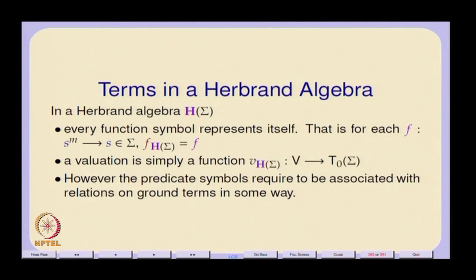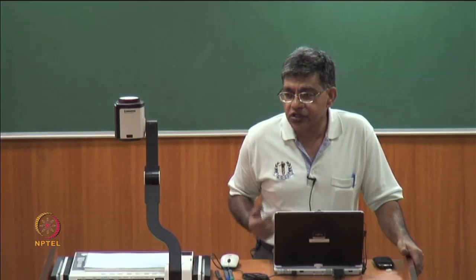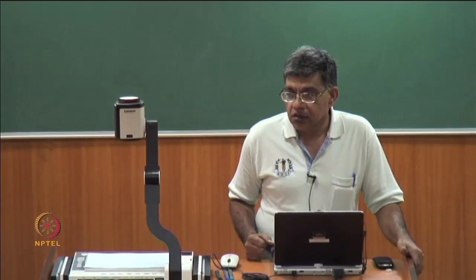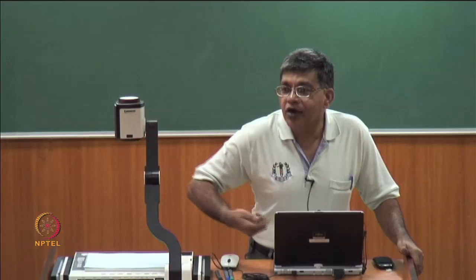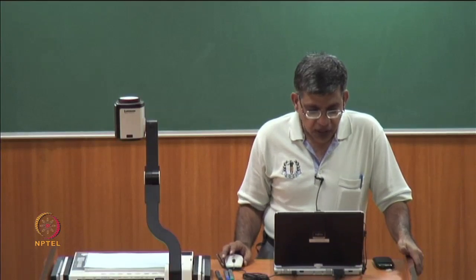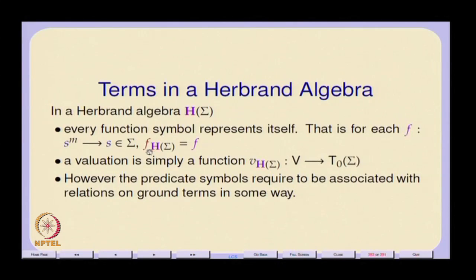Now of course we can talk of valuations. A valuation now will be a function from the variables V to ground terms of this algebra. Essentially, I can define an interpretation over H of sigma such that every function symbol f in the signature is interpreted as itself in H of sigma.